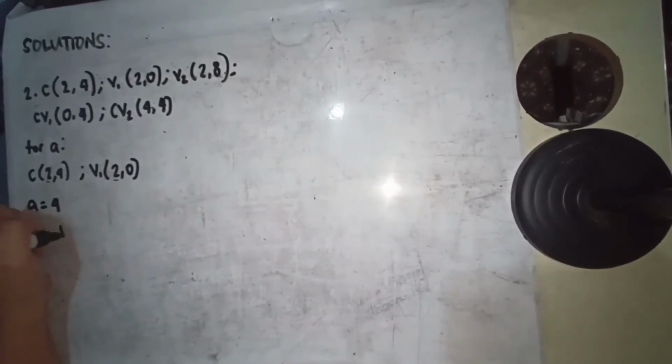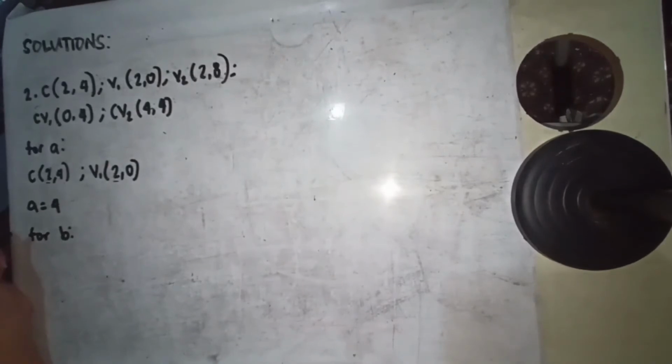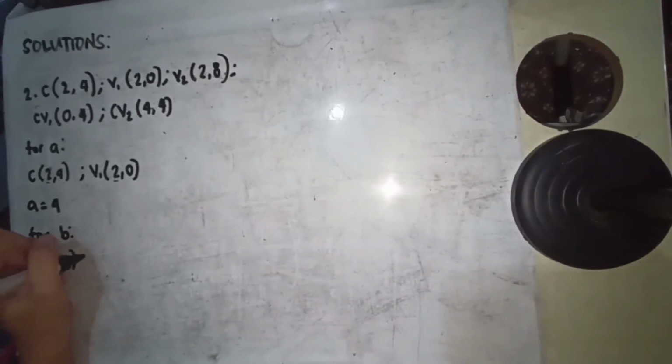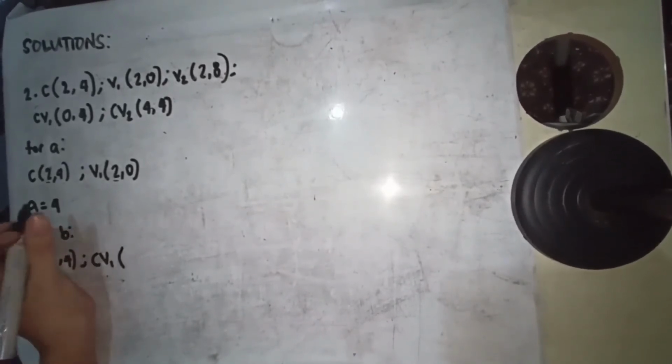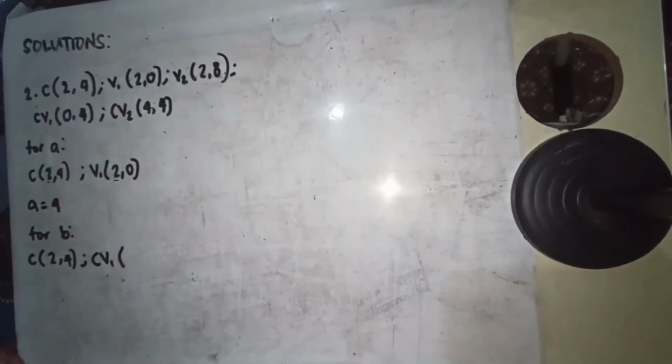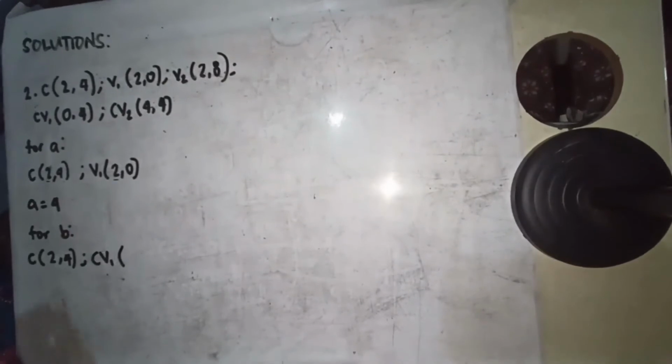Next we have distance B. For distance B, what we will use again is the center, which is 2 and 4, and one of the co-vertices. So, say for example, we use CV sub 1 again. Same with the vertices, they give the same distance no matter which one you use.